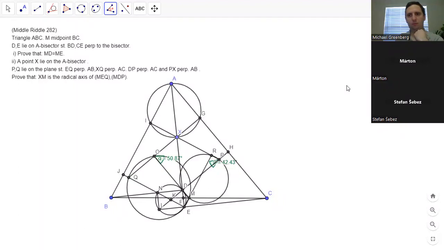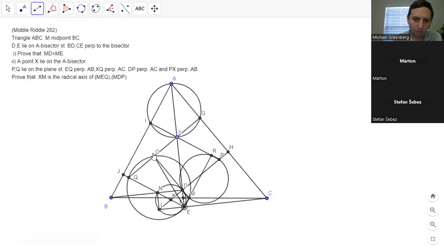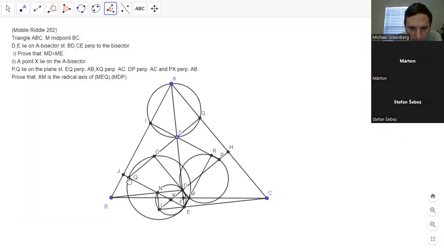Then I think that QER and OEP are actually similar. So I just made a mistake for two points. So check then if QER and OEP are similar.